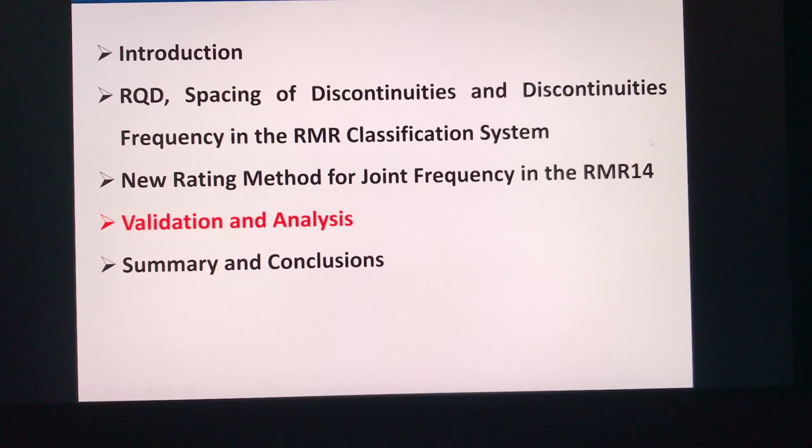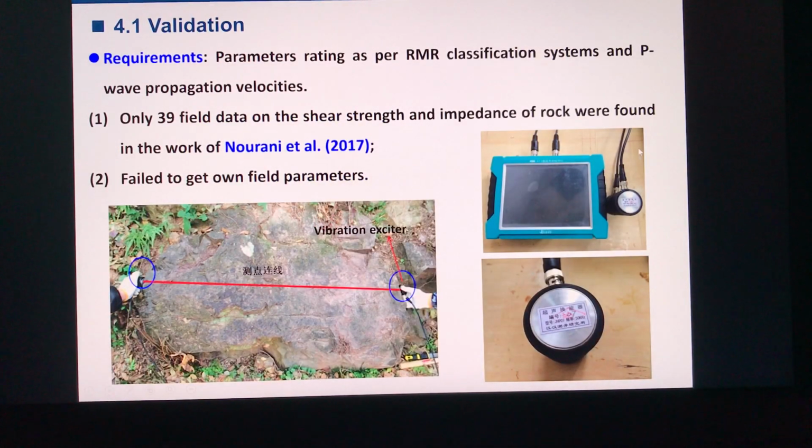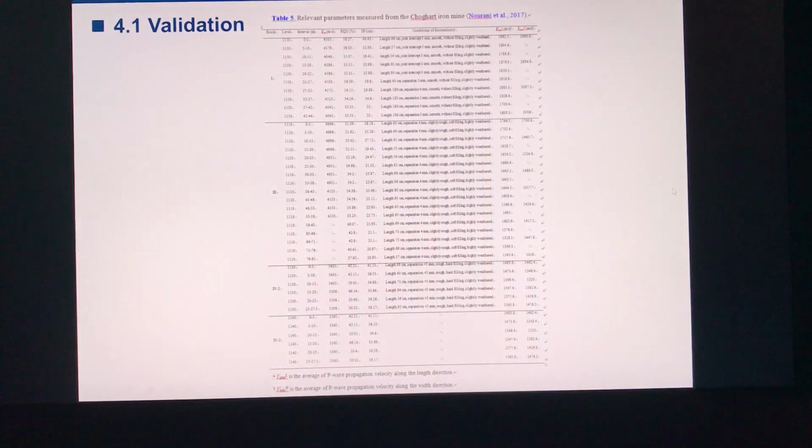Next, we will introduce the validation and analysis. First, we have collected data sets from literature, and also we have tried to find our data sets from on-site tests, but we failed to get our own field parameters.